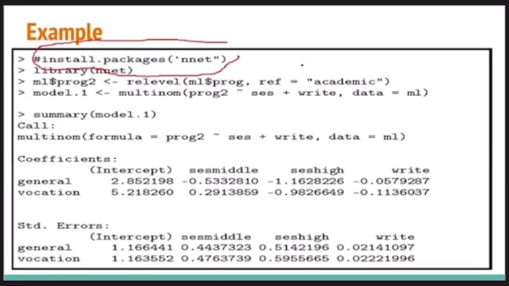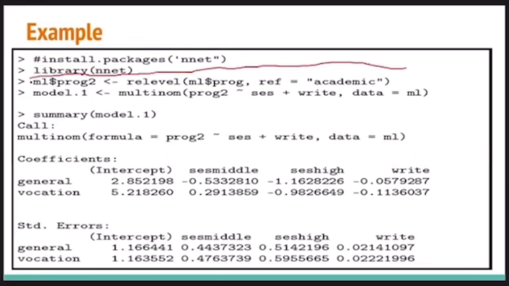I need you to take a look at this. What are you seeing right now? You're going to write relevel for multinomial. And you know what I'm trying to do? I actually want to make a level of the response to be the reference. I told you, we got 3 levels, right?